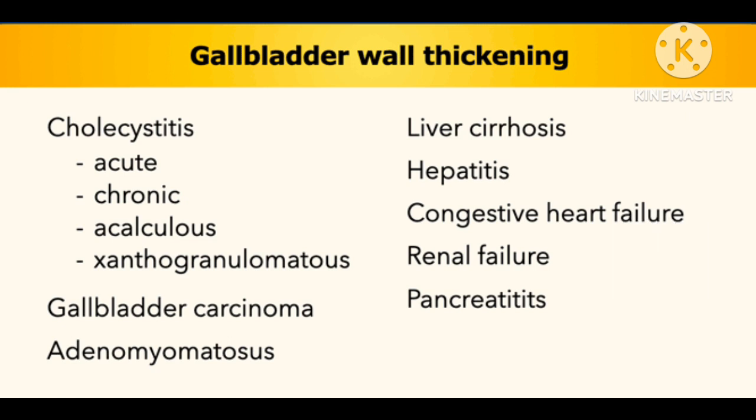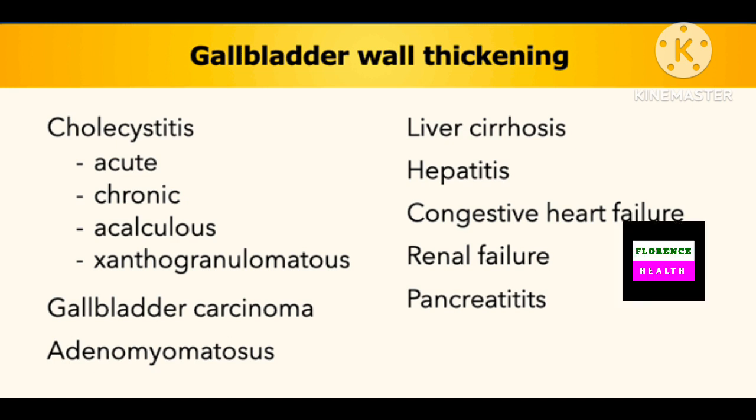Remember, there are certain non-inflammatory conditions which lead to increased thickness of the gallbladder wall, where it is called a reactive increased thickness of the gallbladder wall. Those are ascites, congestive heart failure, renal failure, hepatitis, AIDS patient, and liver cirrhosis cases.